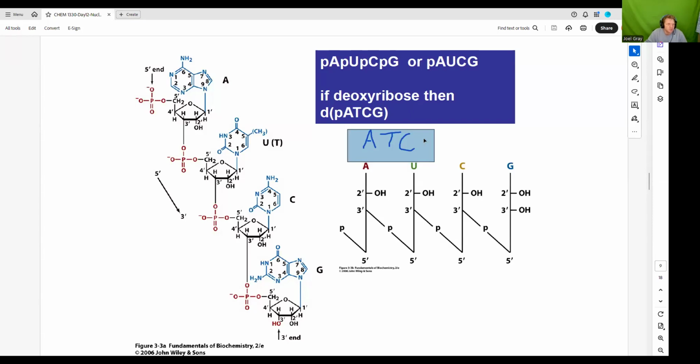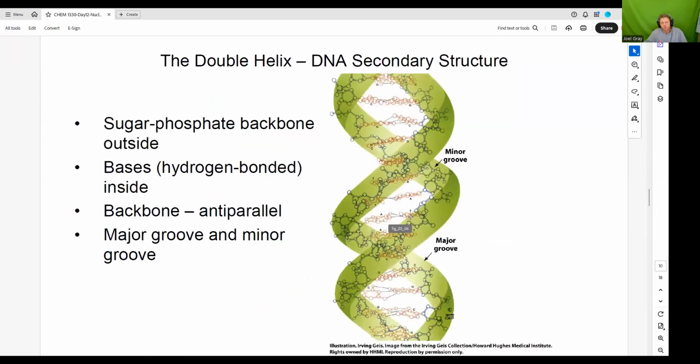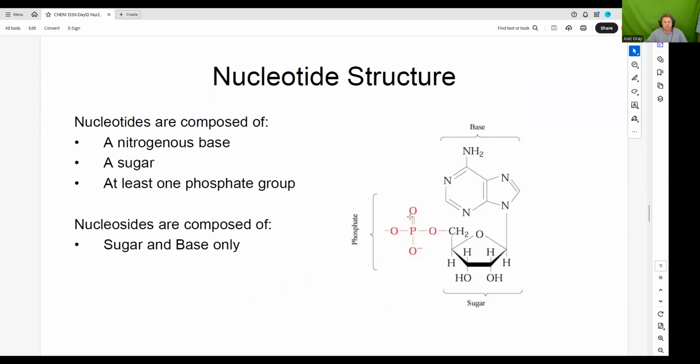Now, the letters that make up a DNA molecule are going to be important, because those are known as our nitrogenous bases. Nitrogenous bases are one of the components of a nucleotide. These terms are important for you to keep track of: a nucleoside versus a nucleotide.